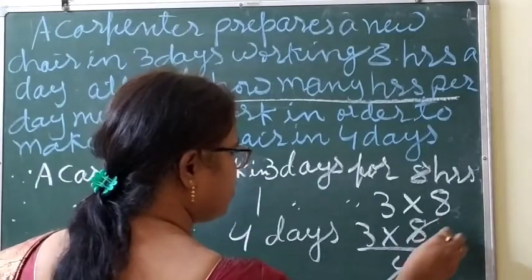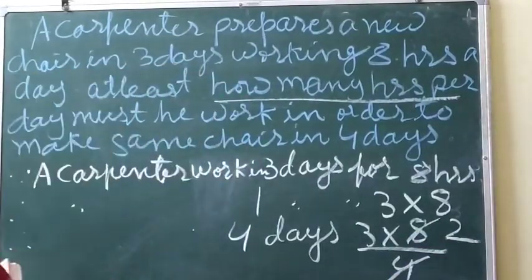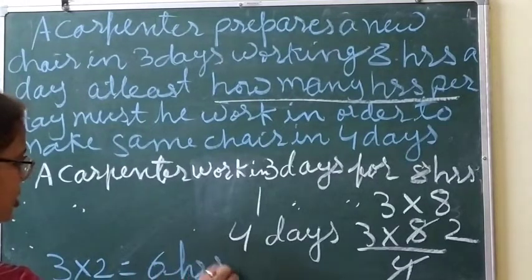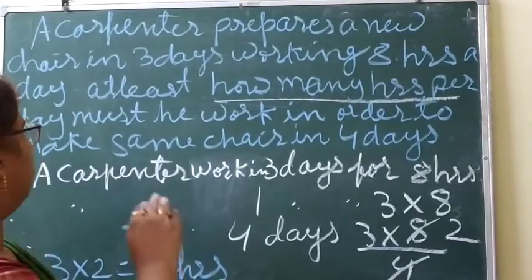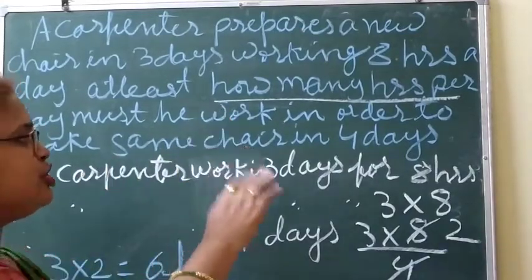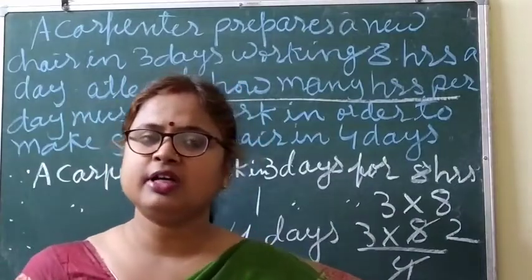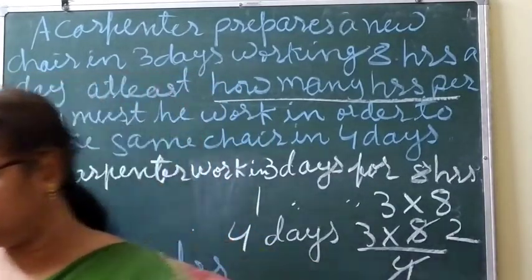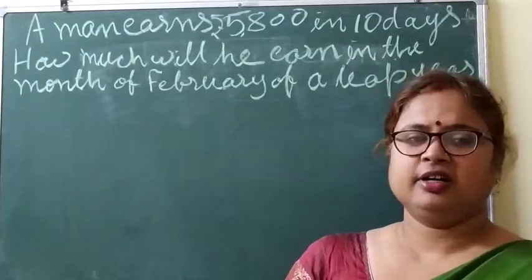So 4 2s are 8. So what is left here? 3 into 2. That is what? 6 hours. Means the carpenter will make the same chair in 4 days by working how many hours? 6 hours. Yeah?